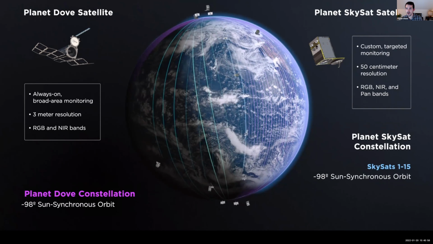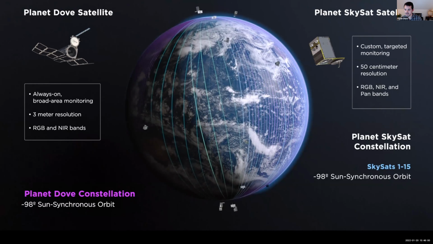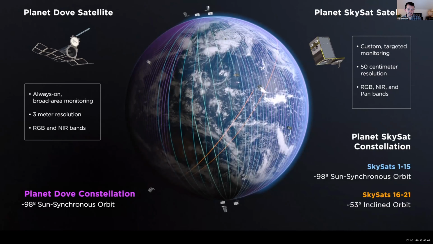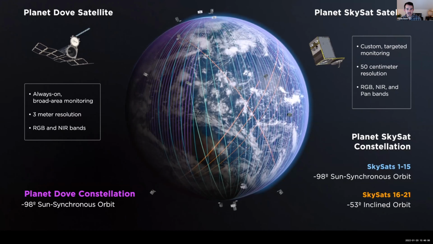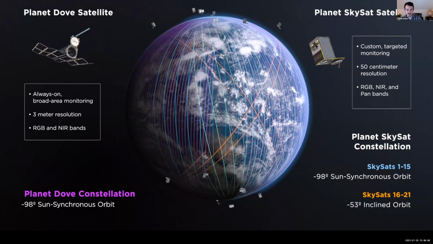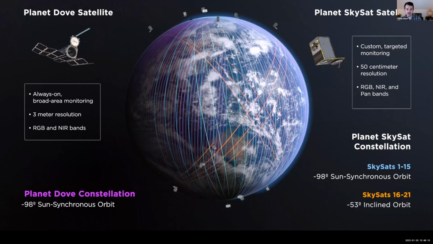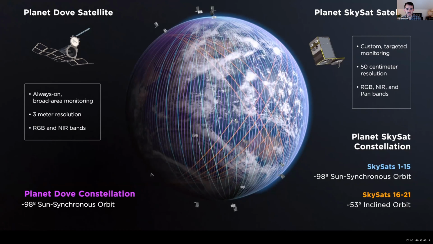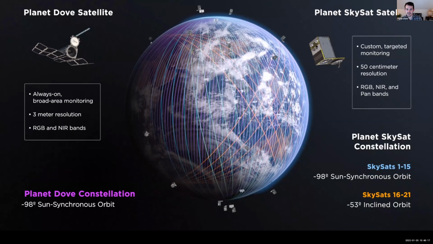And then our SkySat sensors are also in a sun synchronous orbit, but they'll be in a different path than that of the PlanetScope. It looks a little chaotic, but rest assured, there's a lot of space in between all of these satellites. So we're able to capture almost the entire Earth every day with all of these satellites.